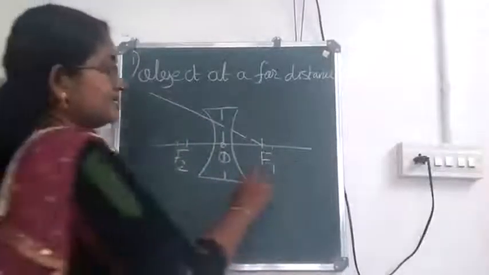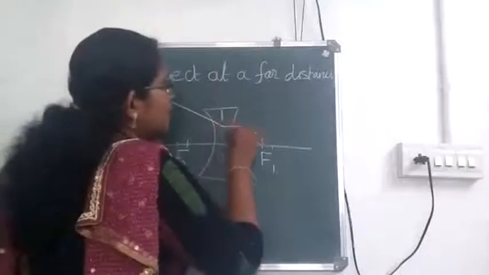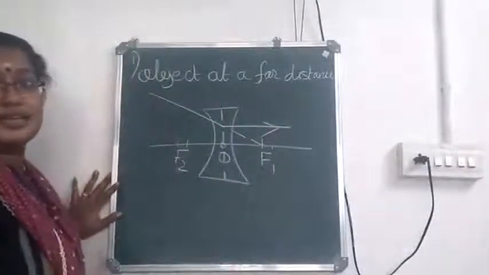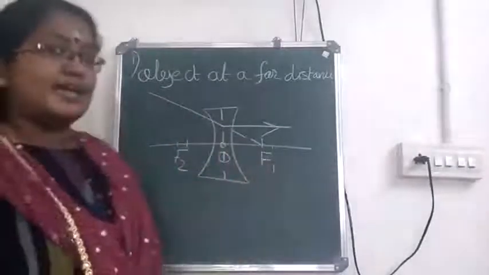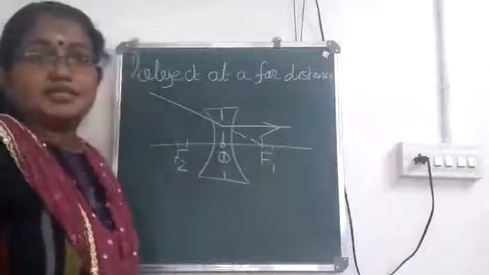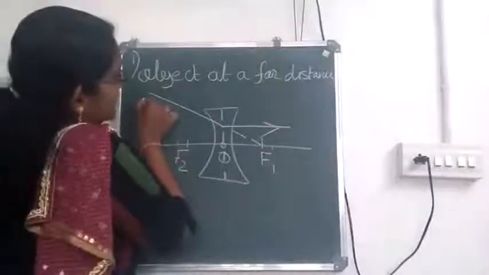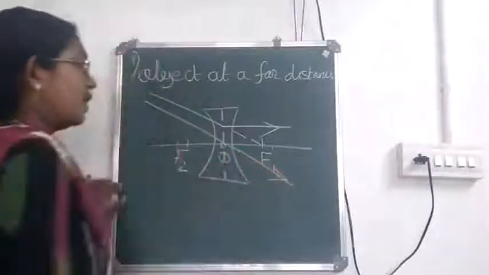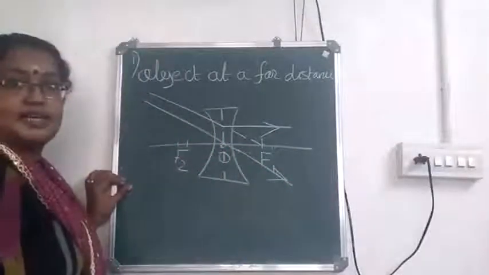So, what happens? After refraction, it moves parallel to the principal axis. So, we learned this, isn't it? When a ray is coming in the direction of the focus, after refraction, it moves parallel to the principal axis. Now, second ray which is coming through the optic center moves without any deviation.